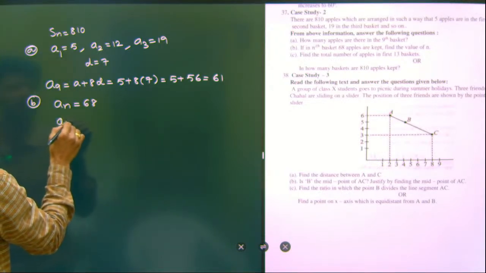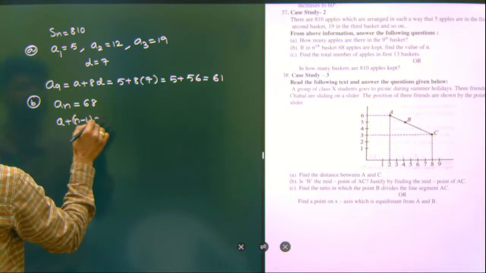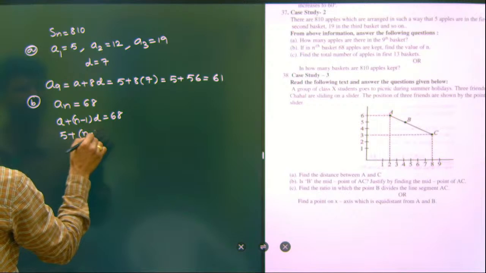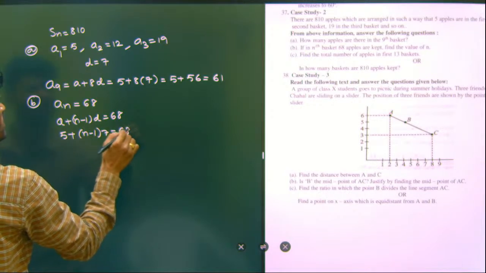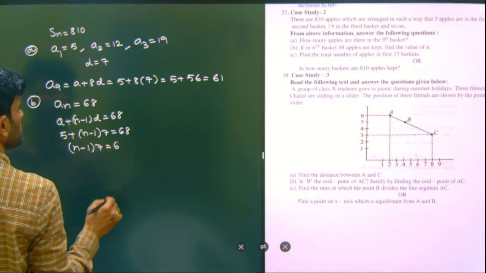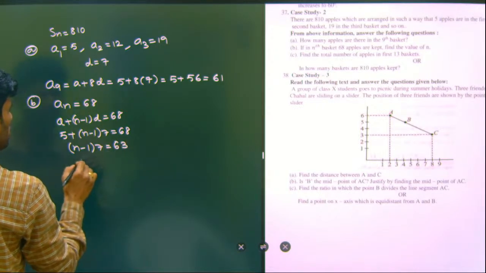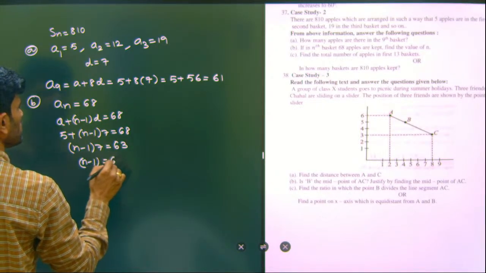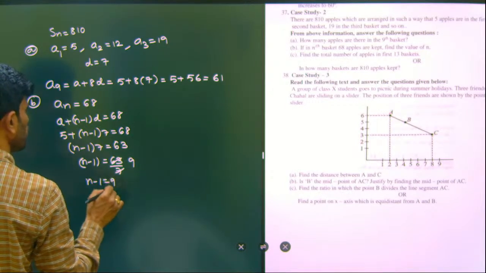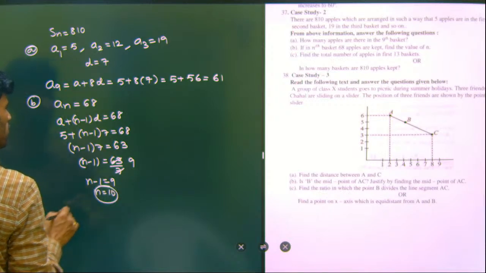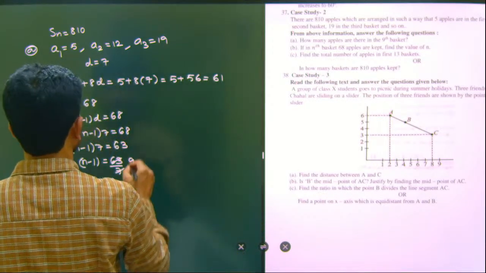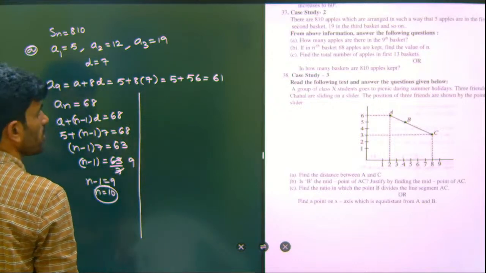That means a plus n minus 1 into d is equal to 68. 5 plus n minus 1 into 7 is equal to 68. n minus 1 into 7 is equal to 63. n minus 1 is equal to 63 by 7, which is 9. n minus 1 is equal to 9, n is equal to 10. In which basket do we have 68? 10th basket. B option, question number B is over.